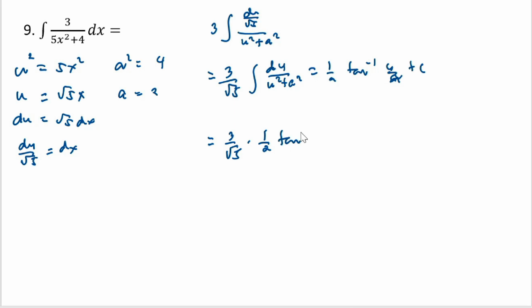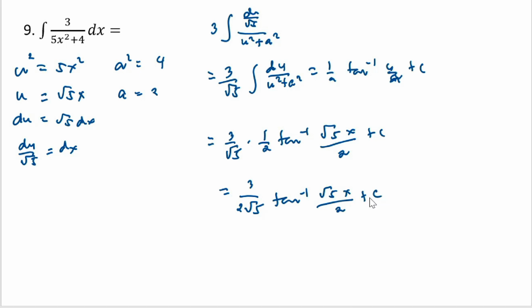Then arc tangent of u, now square root of 5 times x, over 2 plus a constant. So multiplying now the coefficients, we can now have 3 over 2 square root of 5 arc tangent of square root of 5 x over 2 plus a constant.